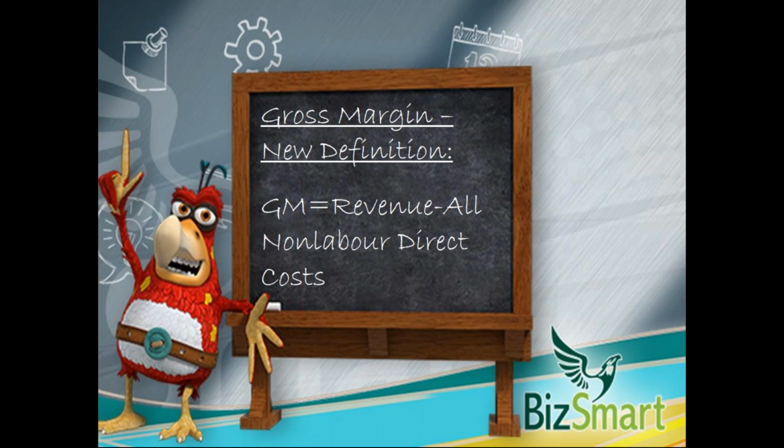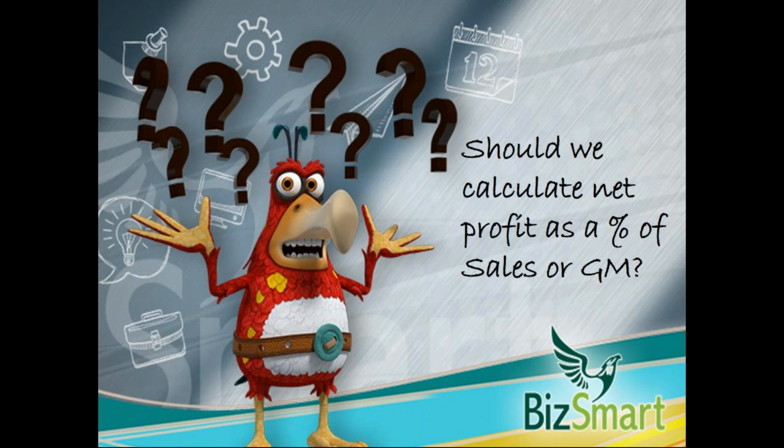So what we're trying to do here is to separate out our internal labour costs so that we can look at that separately. So if that was a bit complicated, have a listen back to it later on and have a think about it. And now what we've got is a measure of gross margin that is free from the distortions that I talked about.